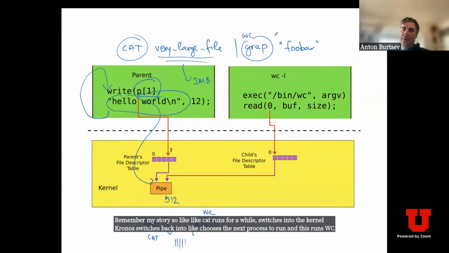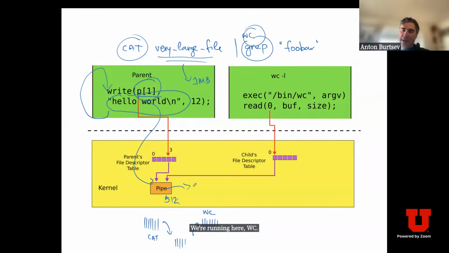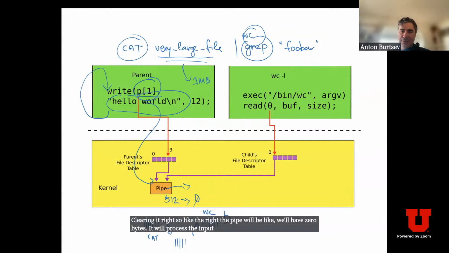At this point, whatever we're running here, WC reads something from the pipe, clearing it, so the pipe will have 0 bytes. It will process the input and, in some infinite loop, go again to read something from the pipe. Since the pipe is empty, we will switch back into the kernel.